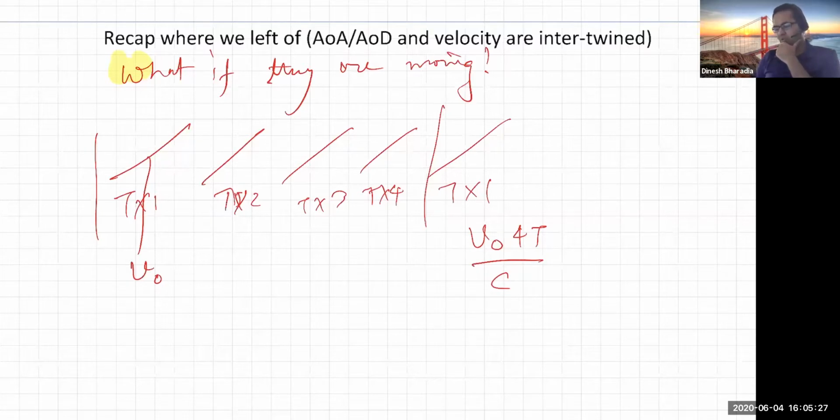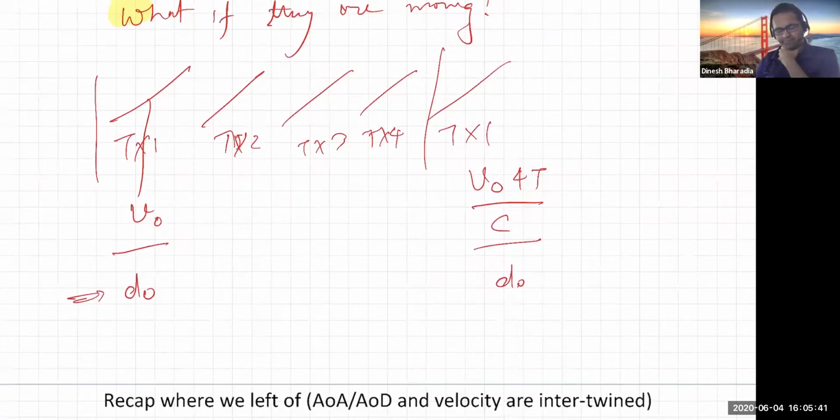More importantly, what would happen to the angle of arrival from transmitter 1's movement from here to here? The initial distance will still remain d naught for both of them, or you can say this is d naught plus v naught times 4t over c. That's where this object is located. Is there some angle of arrival term which is adding up here?